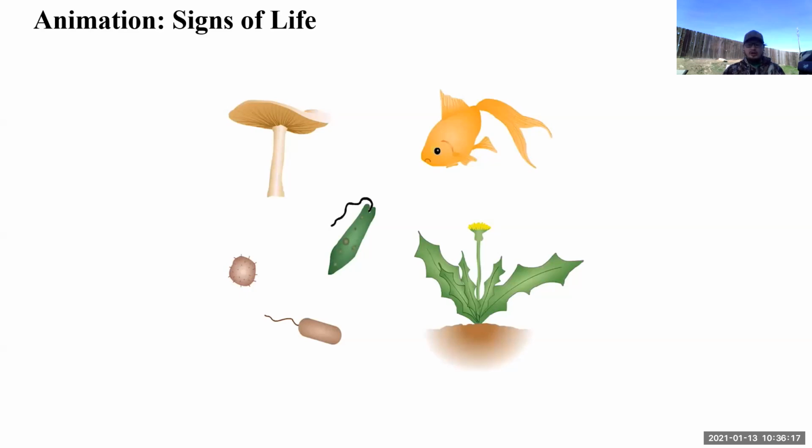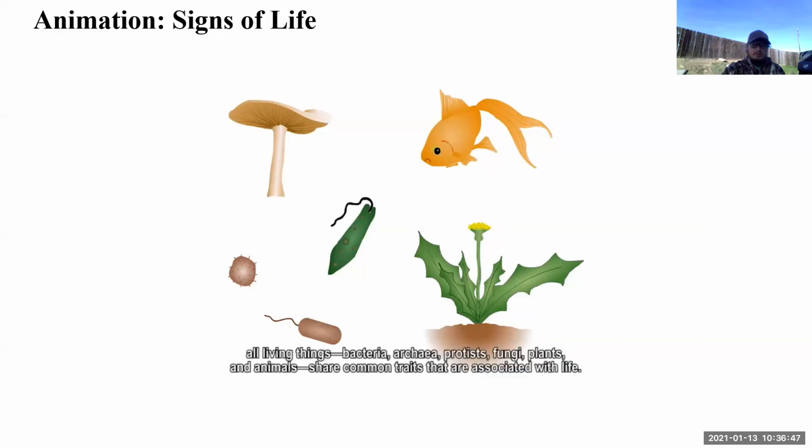And then there's the very big discussion of whether or not viruses are alive, based off of specific characteristics. We're going to talk about how we actually classify things as living. This little animation here goes over this, and then we're going to discuss it in more detail.